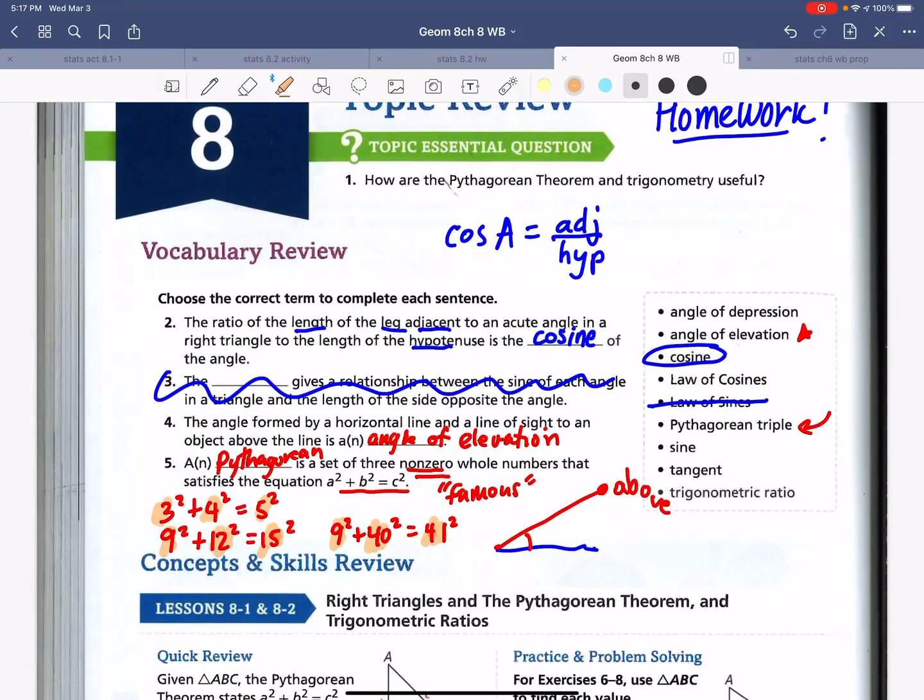All right, I want to go back here really quickly. I didn't answer the question for number 1, so let's go back. How are the Pythagorean theorem and trigonometry useful?